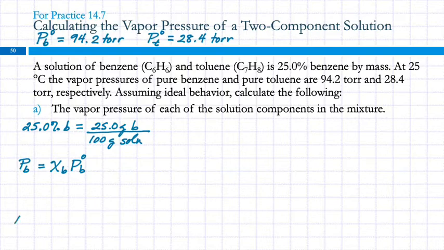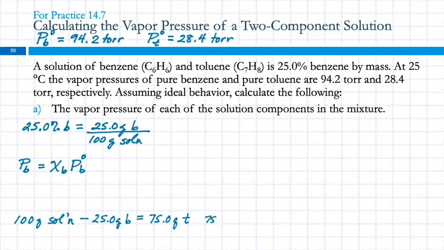I have 100 grams of solution and 25 grams is benzene. What's the rest? The toluene. So that means I have 75 grams of toluene, because 75 and 25 adds up to 100. So can I convert 75 grams of toluene into moles? Yeah, I can do that.